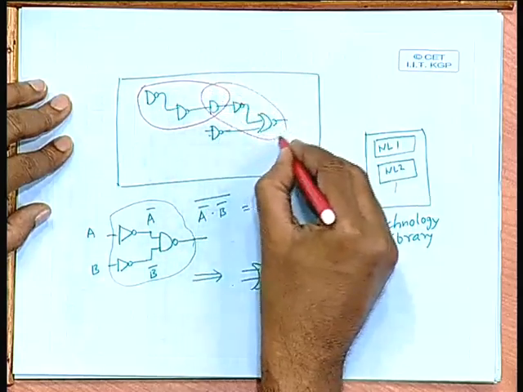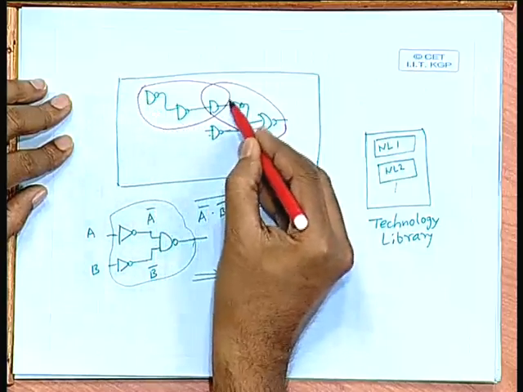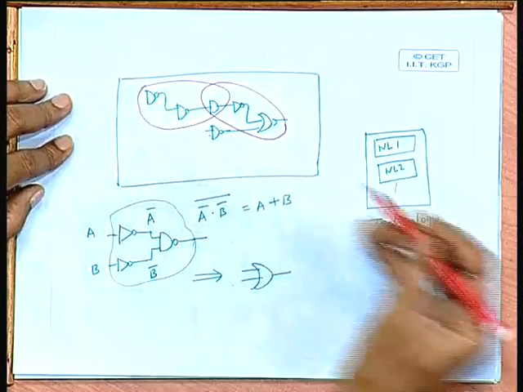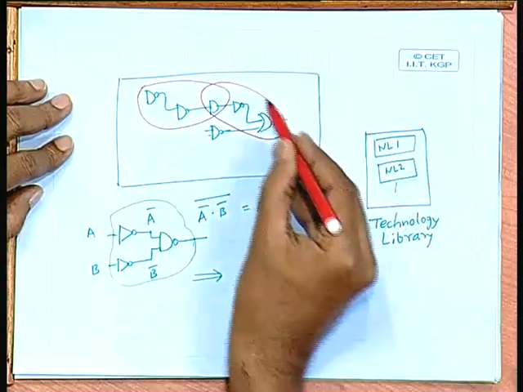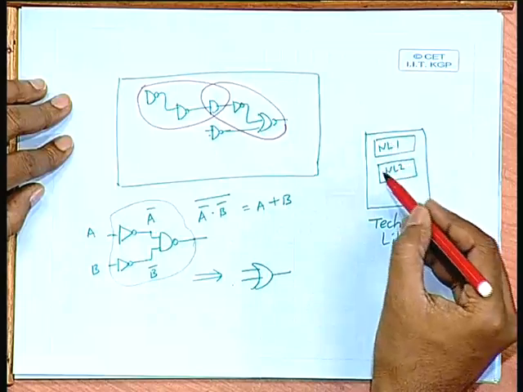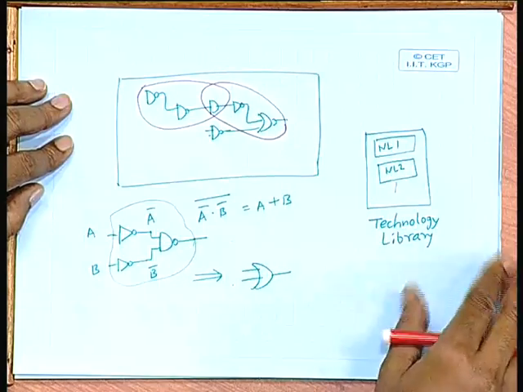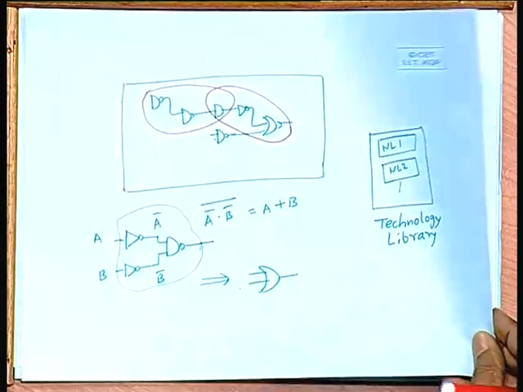Ultimately this segment will get mapped into one particular component of the technology library. Similarly, this segment will get mapped into another component from the technology library. In this way you can map the different sub-circuits. Of course, this is a graph theoretic problem: you will have to match the sub-circuits in a graph.